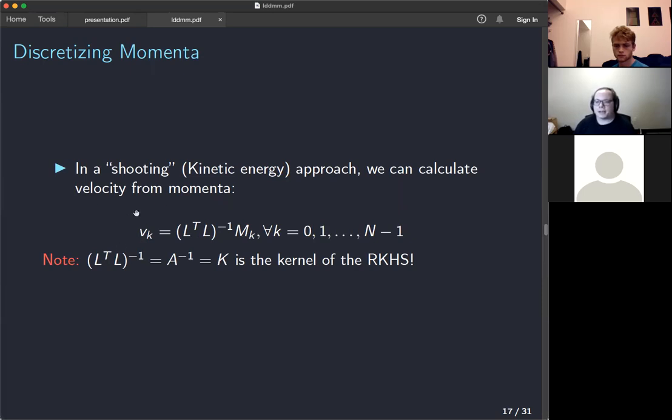Although we may have to apply an interpolation on this to get it to the right resolution. And then finally, you can note here that L^T L inverse, A inverse, we call it K. That's the kernel of the reproducing kernel Hilbert space that underlies this whole theory. You can think of this kernel as a generalization of convolution, although it gets a little bit hairy.